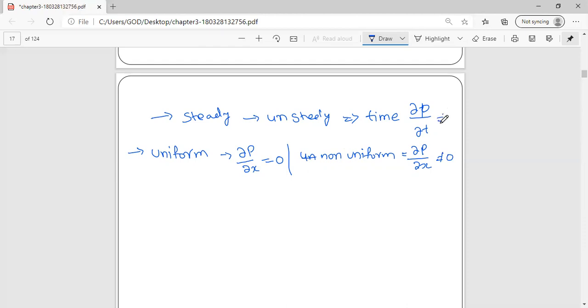In the unsteady, it is not equal to zero. In the steady, it is equal to zero.